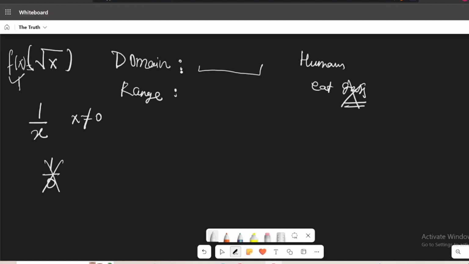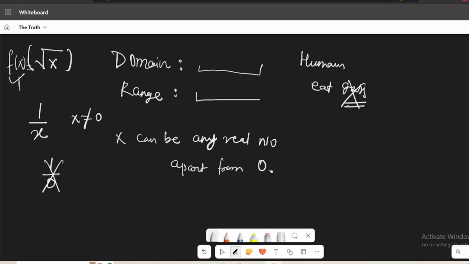So domain is something that can be taken inside. So here, what's the domain? X can be any real number apart from 0. Here we cannot take 0, right?